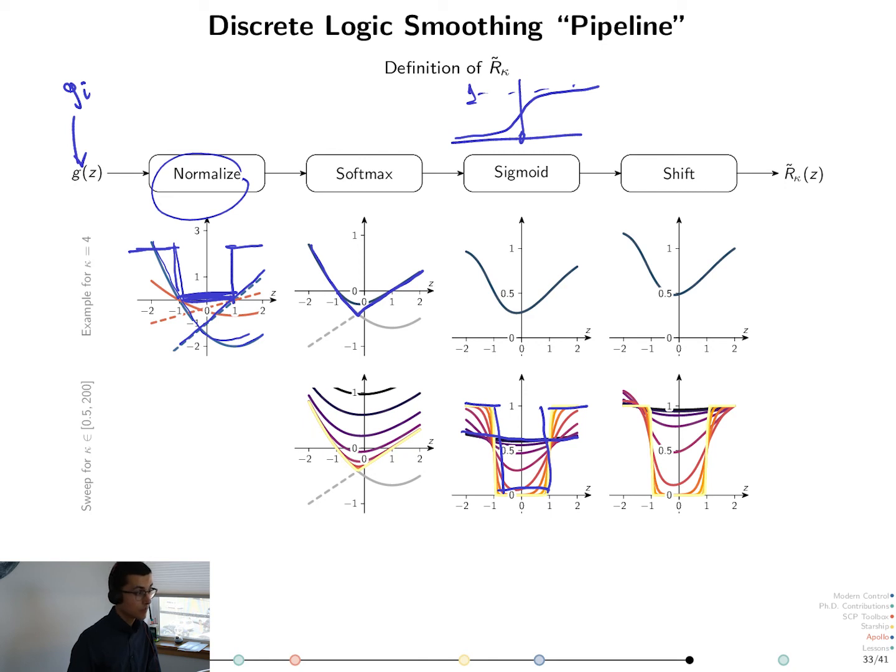And in this case, G1 is positive on values that are smaller than -1. G2 is positive on values that are greater than 1. And both of them are negative on the values in between. So that's our discrete logic that we approach eventually using this homotopy, starting from smooth approximations.